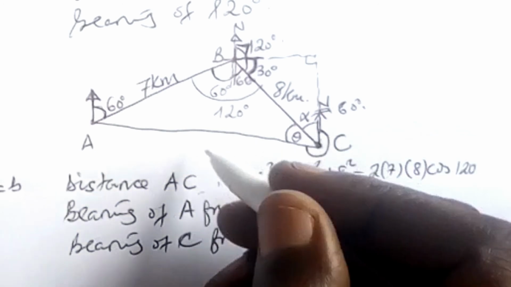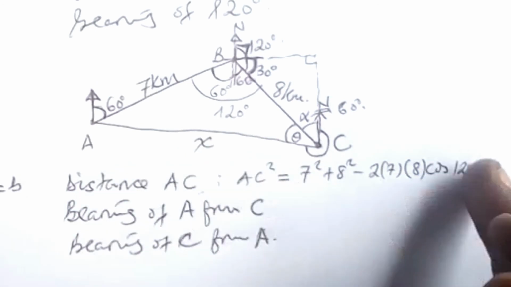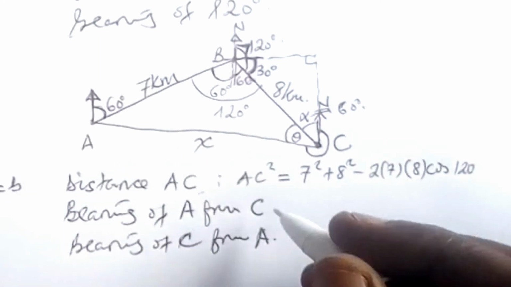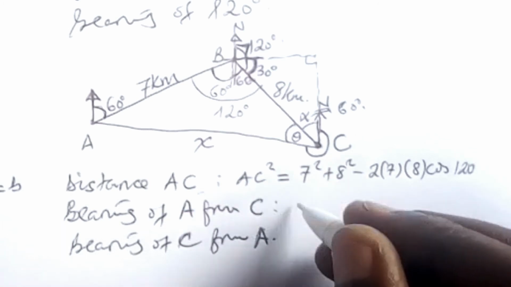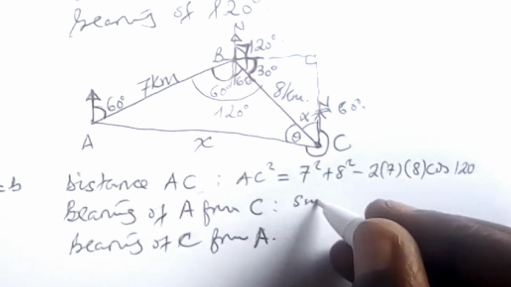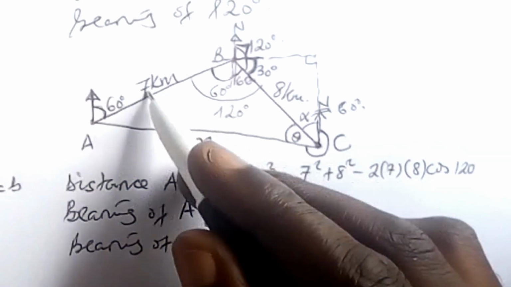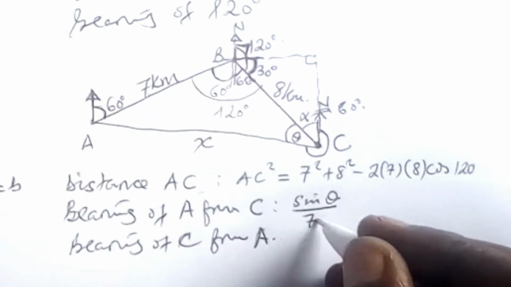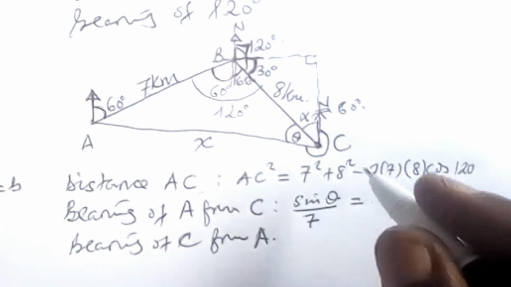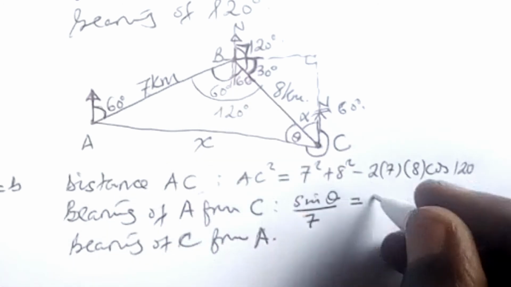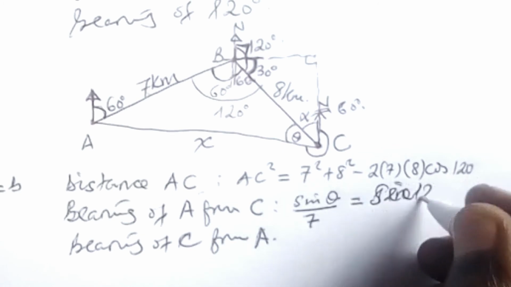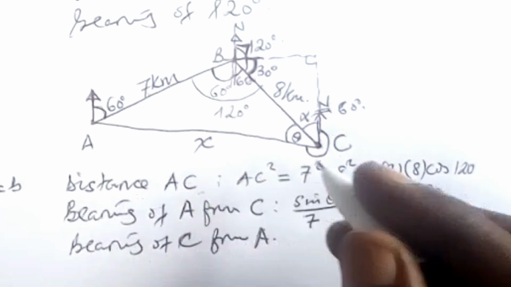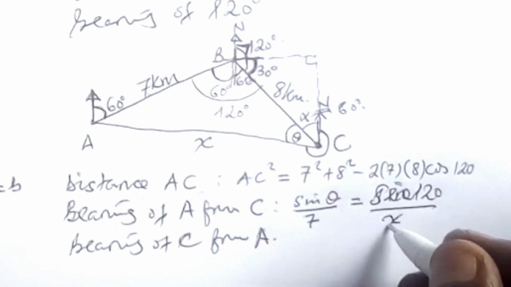AC having been found, suppose AC is x, the value I have here, I would come now and first find sine theta over the side opposite the angle, which is 7, should be equal to sine 120 over the side opposite that angle, which is x.